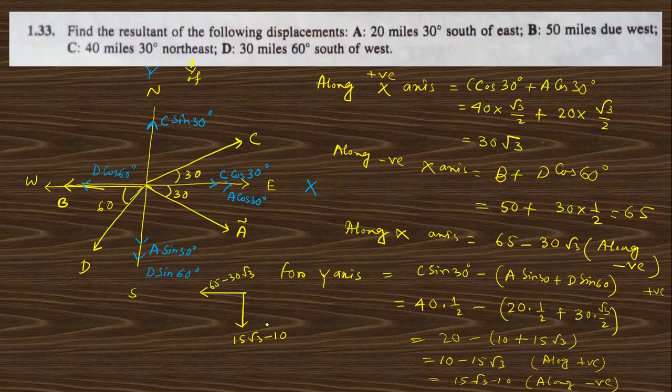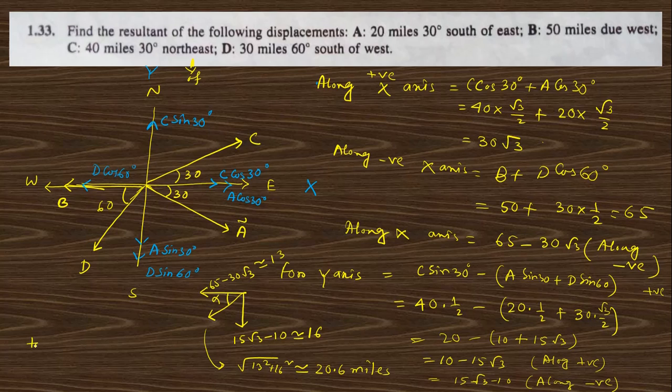The resultant, if you find the values, nearly 13 and nearly 16. The resultant will be root under 13 squared plus 16 squared, which is nearly 20.6 miles. This is the resultant value.